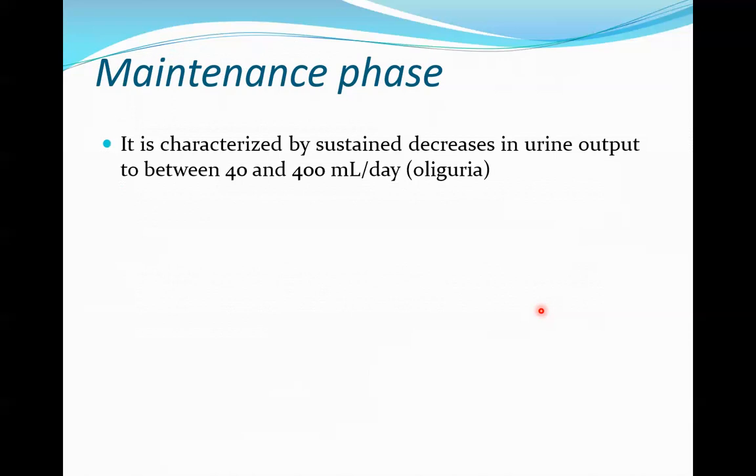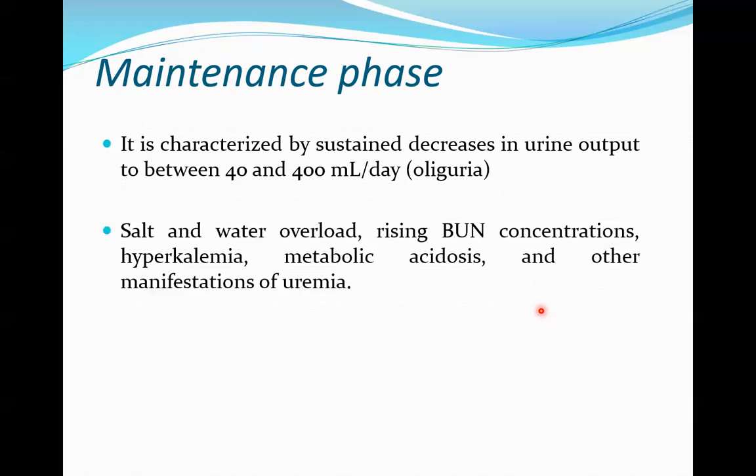Normally, you would have almost 2 liters, and you are getting only 400. There is salt and water overload, because the kidney is not excreting salt and water. Blood urea nitrogen rises in concentration. There will be hyperkalemia. Potassium level will be increased. Metabolic acidosis and other manifestations of uremia. So you will see the signs and symptoms of uremia now, right?